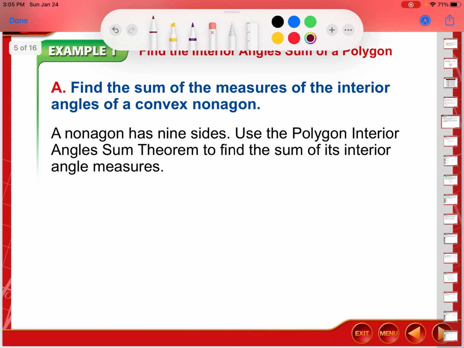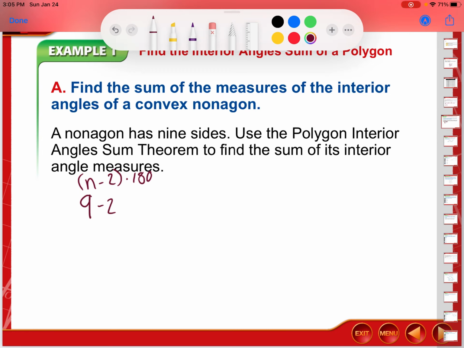Continuing on. So, our first problem, find the sum of the measures of the interior angles of a convex nonagon. So first things first, we need to know nonagon, 9 sides. So my nonagon has 9 sides. I know my formula is n minus 2 times 180.